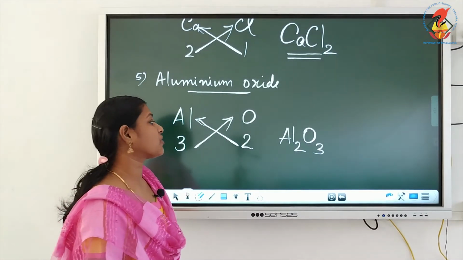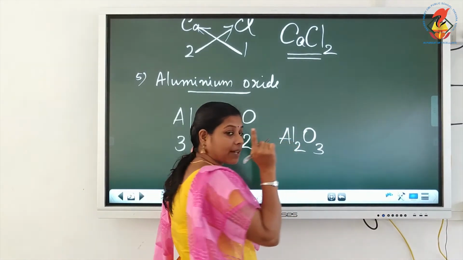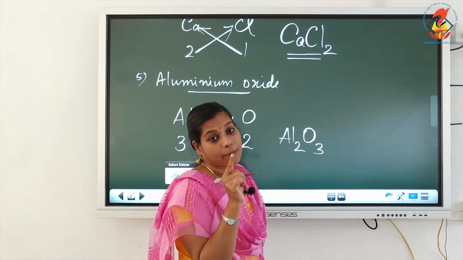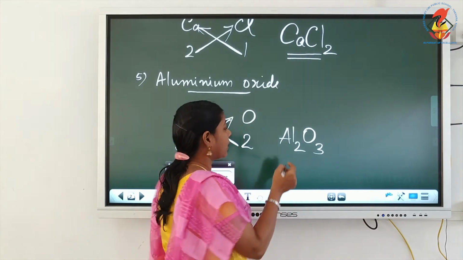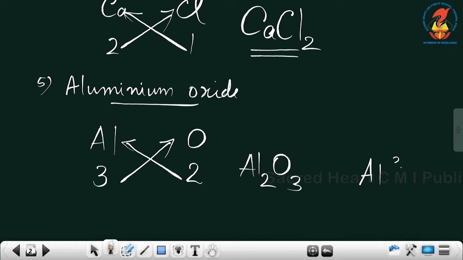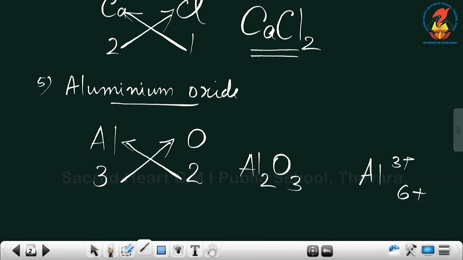Okay, now can we check the balancing of the ions? See, the first rule for writing the chemical formula was to balance the ions or charges present in it. Al is 3 plus, isn't it? So, 2 Als are there, so 6 plus. And for a single oxygen, it is 2 minus, right?